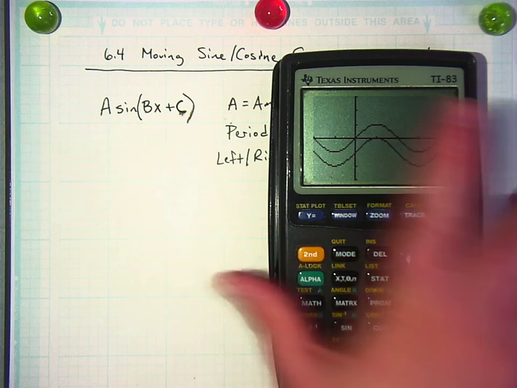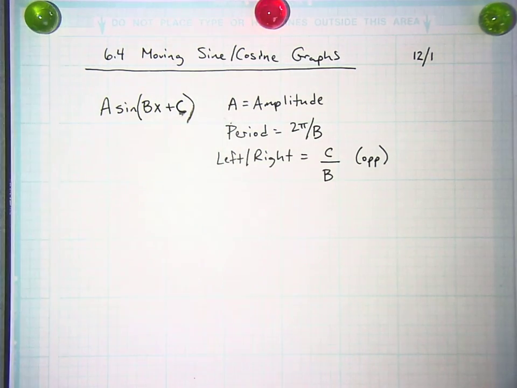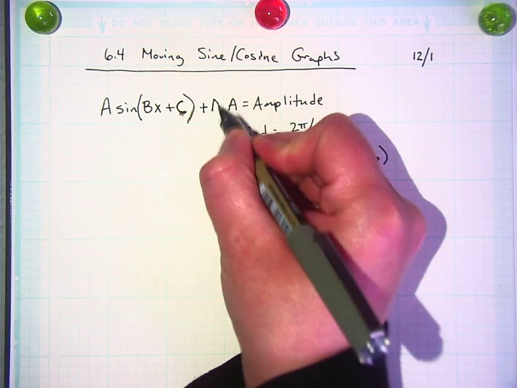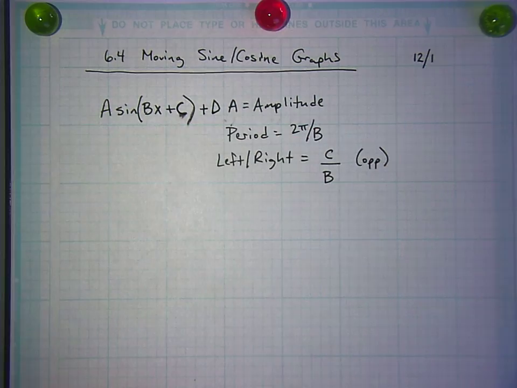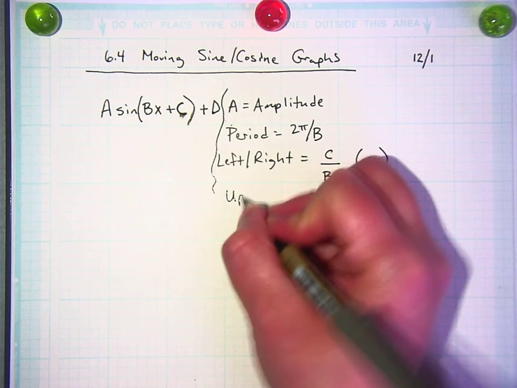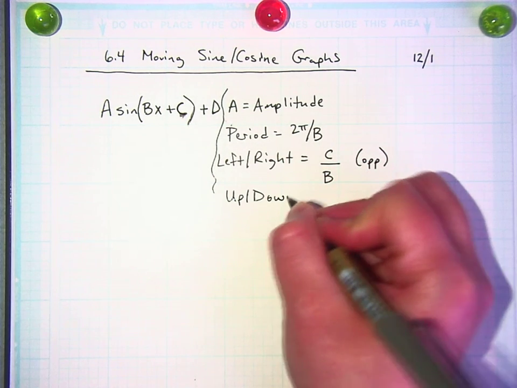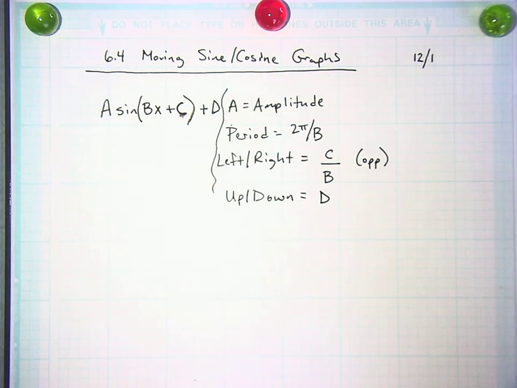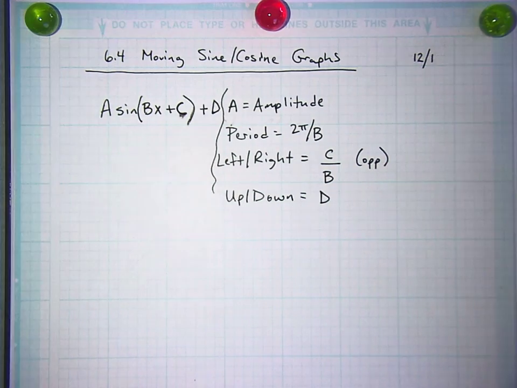So what does that mean? That the value going up and down is positive, go up, negative, go down. Okay, so I'm going to write plus d on the outside of this equation here. And if you want to move it up and down, it's just d. It's not the opposite of d. It's just straight d.